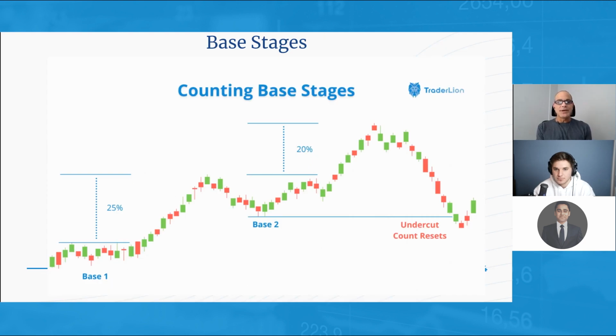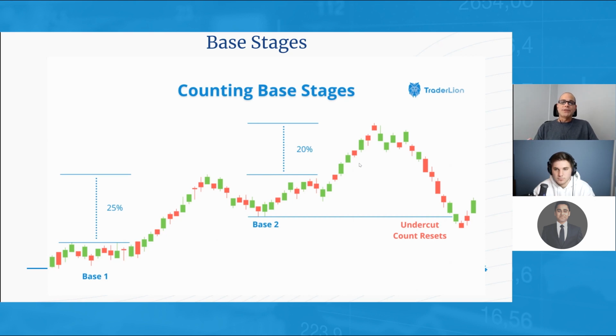Moving on to base stages, counting base stages and why that's important. So each stock has, I guess, a birth and a death, you could say. Let's take the ideal example where we've got a hot IPO. It's got fantastic earnings, institutional sponsorship, the whole nine yards, and we get a fairly quick IPO base that forms and breaks out on huge volume.